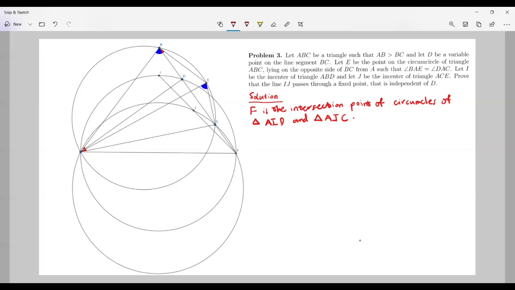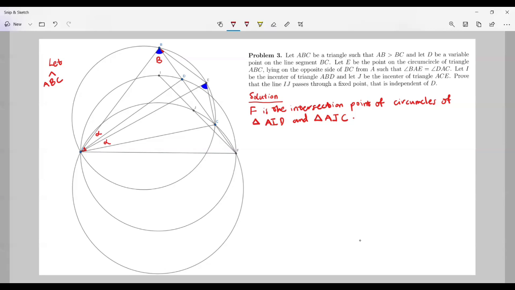So before we start, let's just denote some angles. Let's call this angle here B, the usual denotation of angles in a triangle in geometry, and let's call this angle here alpha. So this angle here is also alpha. Okay.